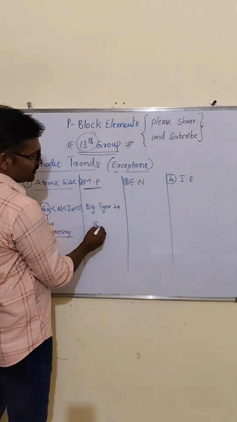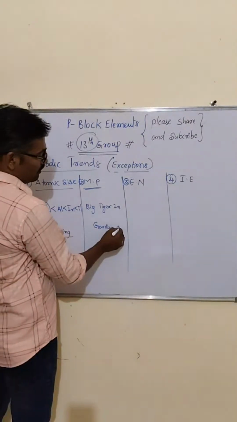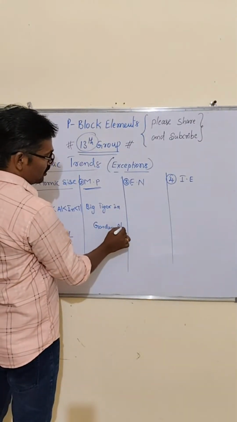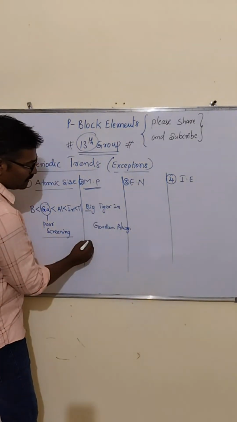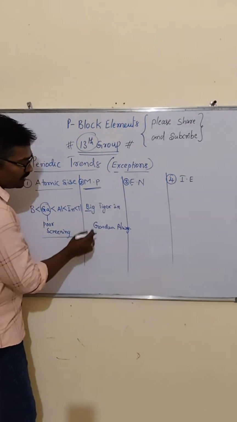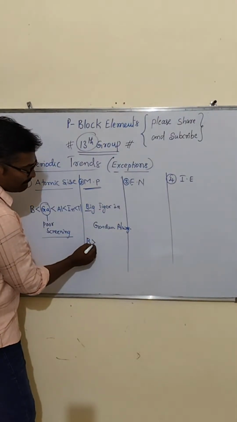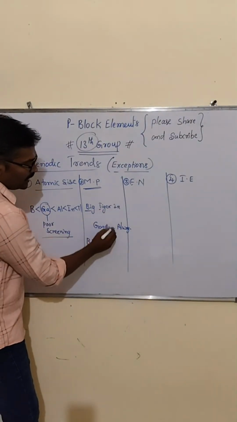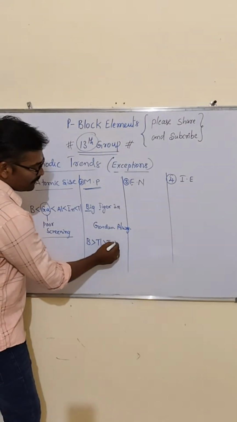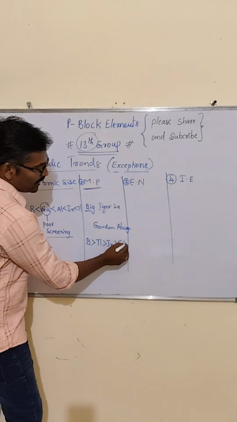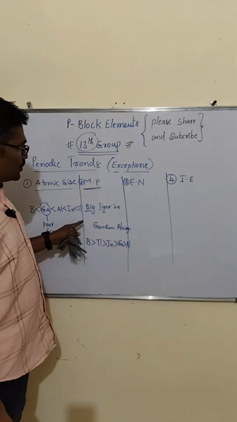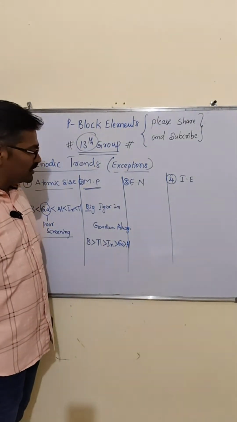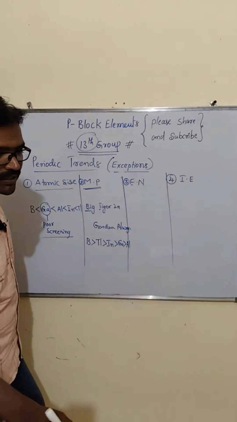It's a big B, boron. Then tiger, thallium. Then in, indium. Then gallium. Then aluminium, my dear students. Clear? Understand? So big tiger in garden always.